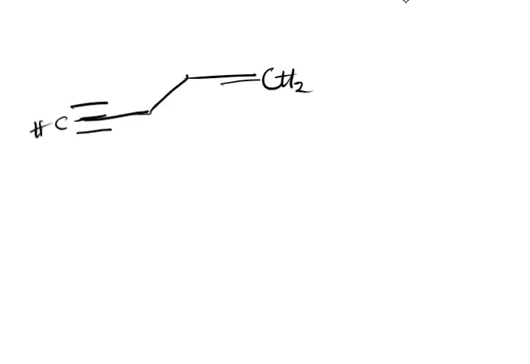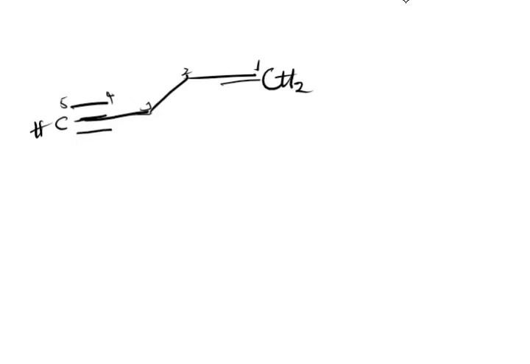So I'll go ahead and start with 1, 2, 3, 4, and 5. So I have my double bond at 1, I have my triple bond at 4. So what structure is this?